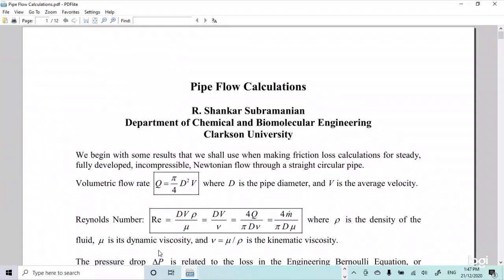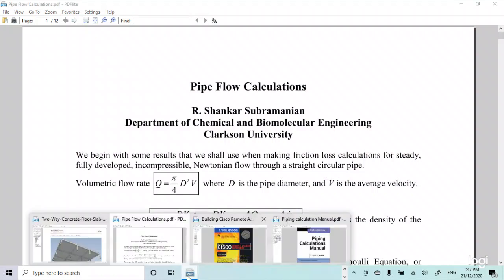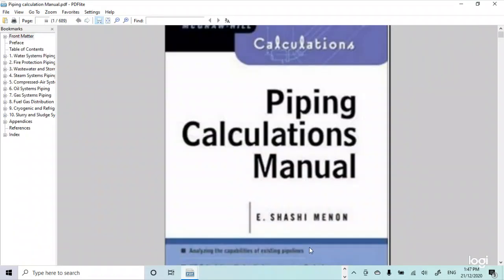This is the lesson for the mechanical engineer. I give you two references: one is a technical paper and the second is the piping calculation manual. Read the technical paper and, as required, read through the piping calculation manual handbook.